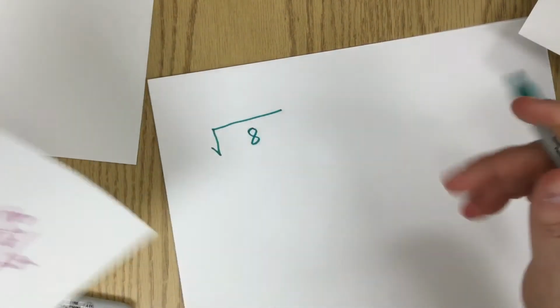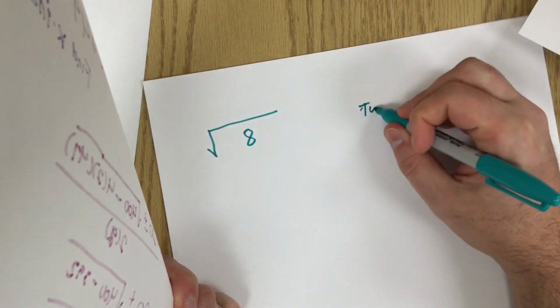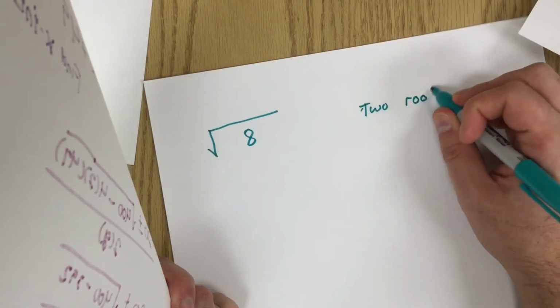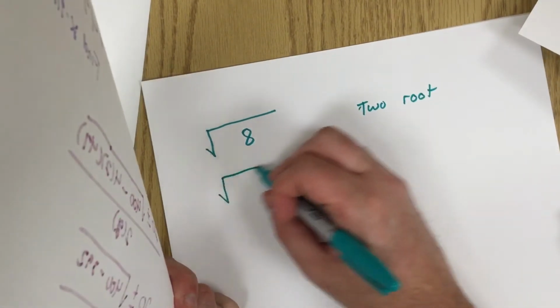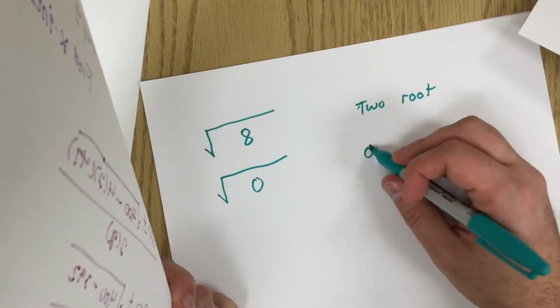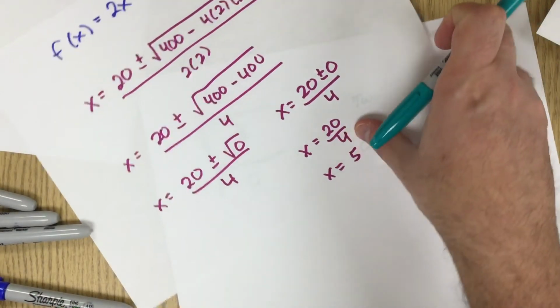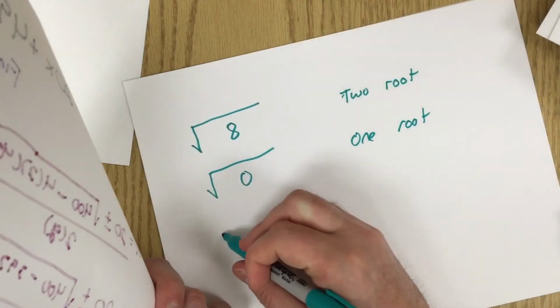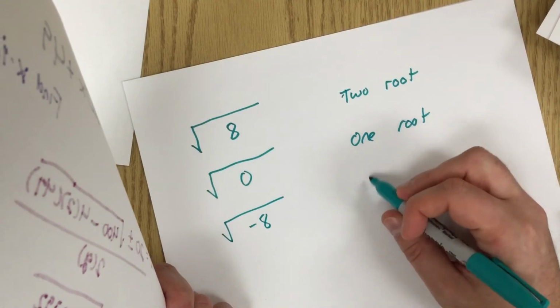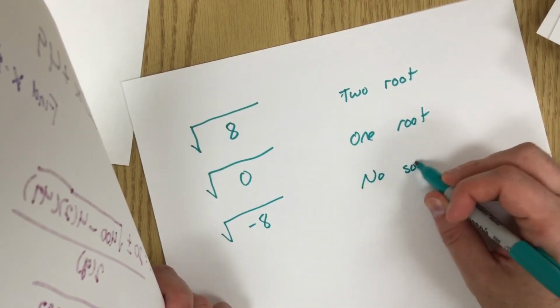We had two solutions, we had two roots. And when we were taking the square root of 0, we had one root. That's when we only had one solution, we just had the 5. And when we were taking the square root of negative 8, we had no roots. We had no solutions.